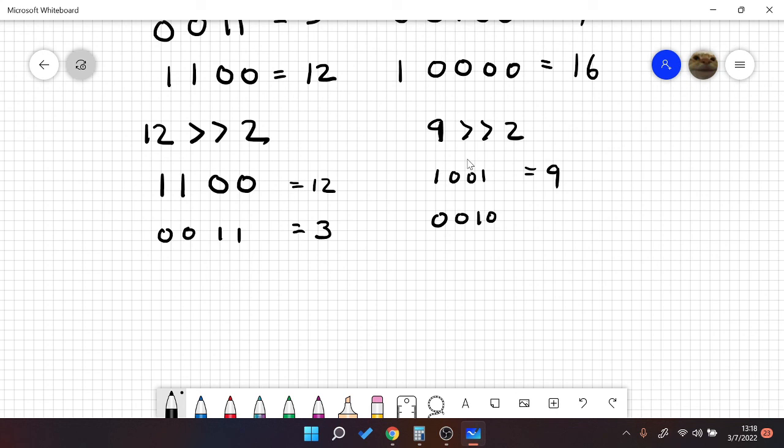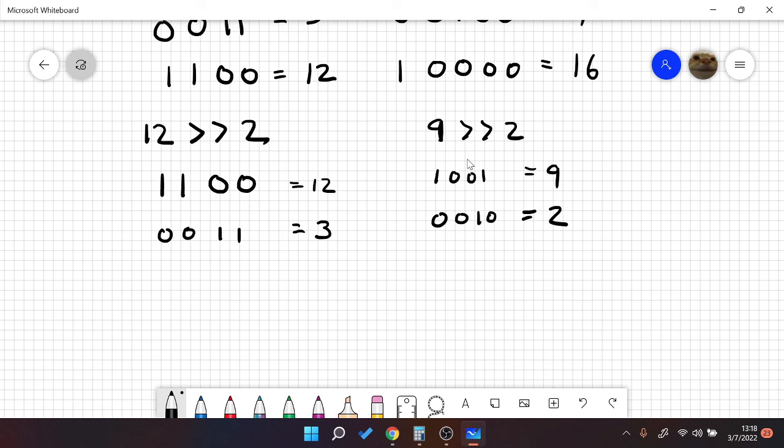So what this is doing is integer division, and so 9 divided by 2 in integer division is equal to 4, and then we divide by 2 again, and we get 2. So that's what's going on here. This number 0, 0, 1, 0 is equal to 2, which is what we expect.